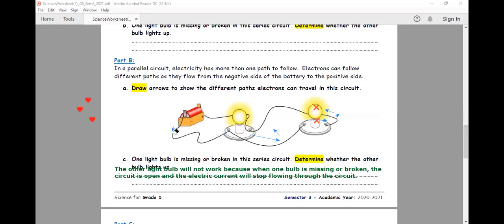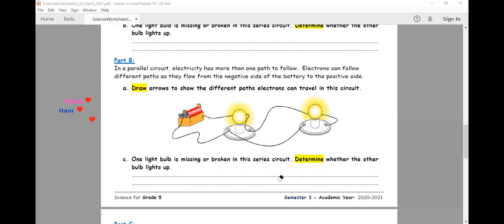In a parallel circuit, let me add Zahra's name.